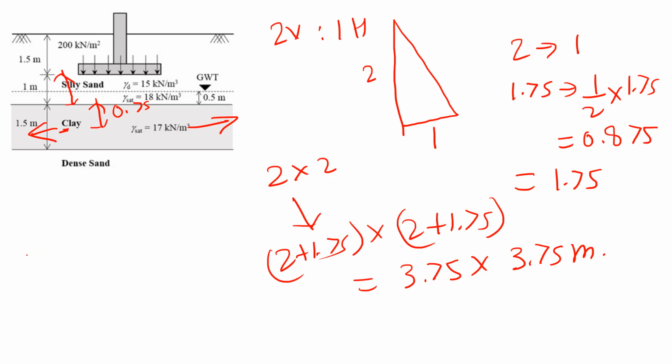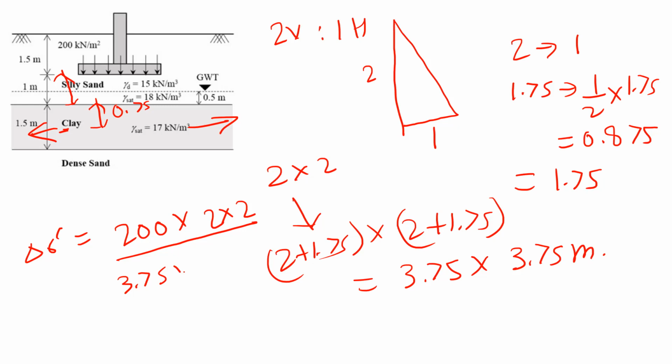So the change in the effective stress would be equal to 200 into initial size 2 into 2 divided by the size at the mid of the clay layer 3.75 into 3.75. If you calculate this, it is 56.88 kilonewton per meter square.